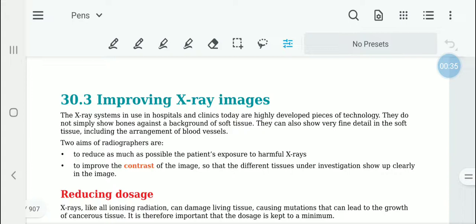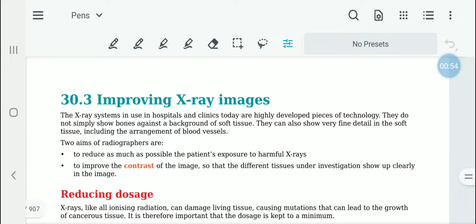There are machines where you can see not only the bones but also blood vessels, the bowels, and so on.